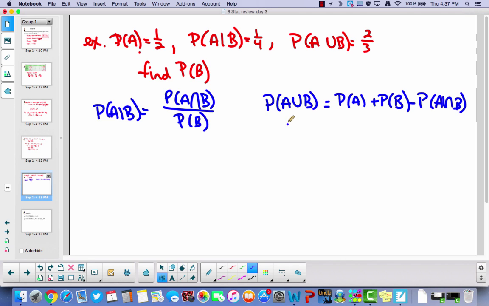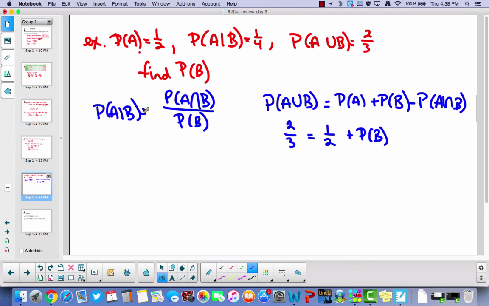We know that this is 2/3. We know the probability of A is 1/2. We don't know the probability of B. But I have this formula over here that has A and B. And I could solve that for A and B and make a substitution in here.